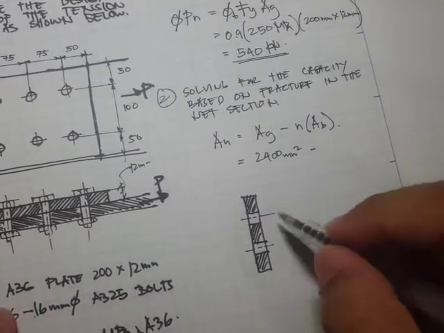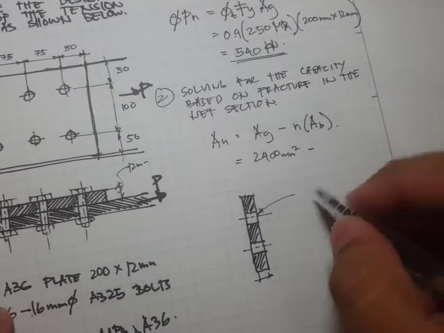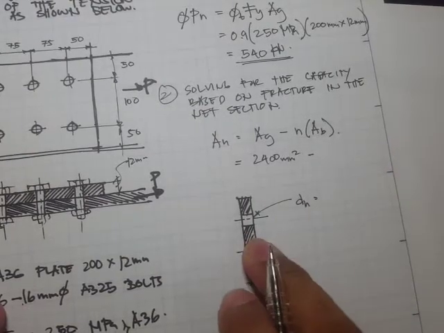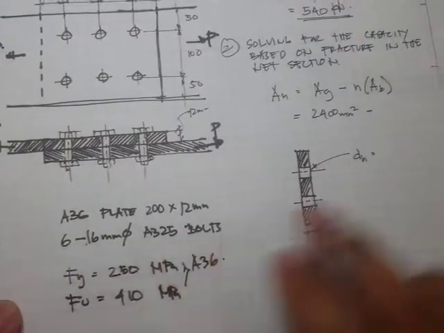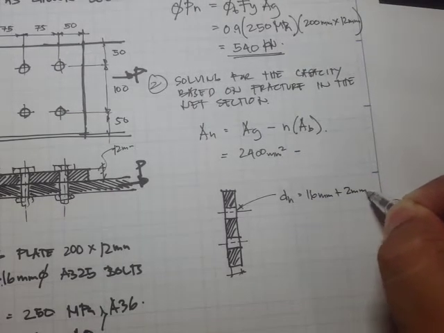This diameter right here, the diameter of the hole, since we have 16 mm, is 16 mm plus 2 mm.